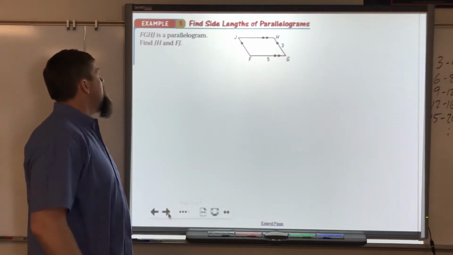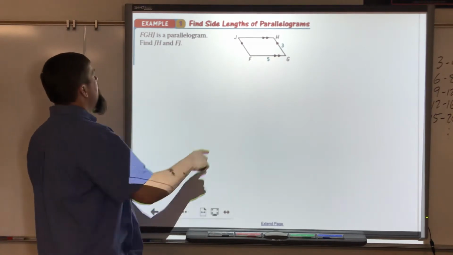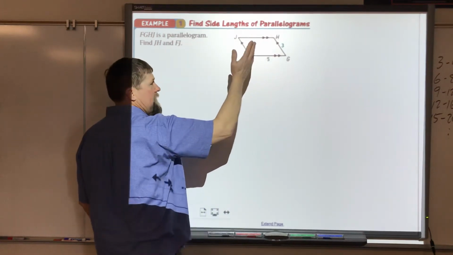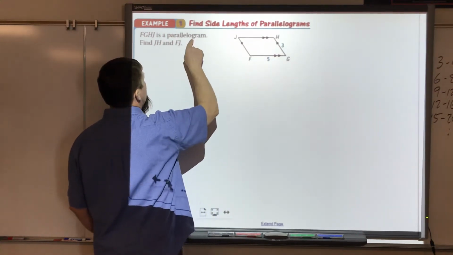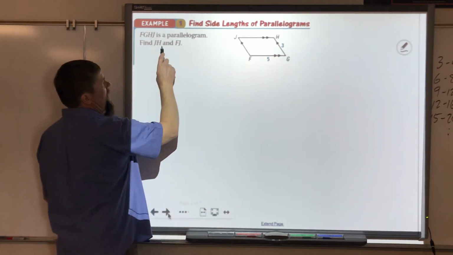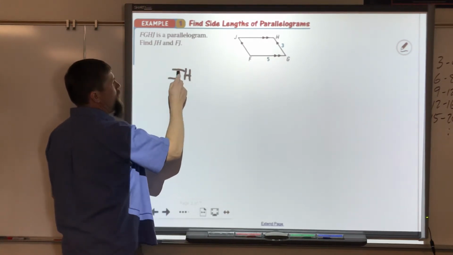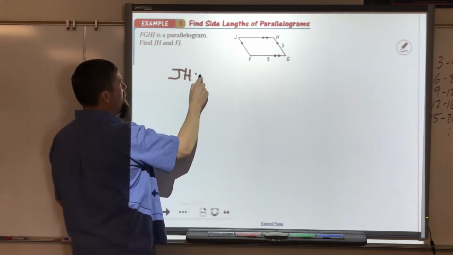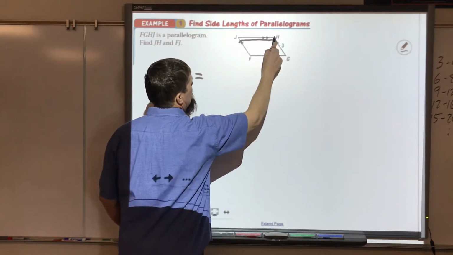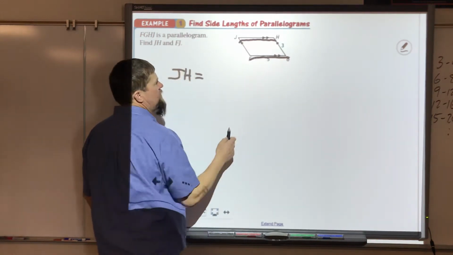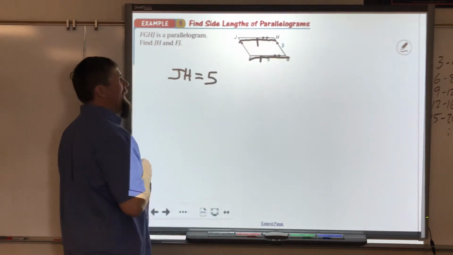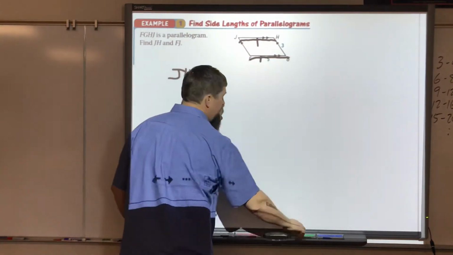Okay, here is an example. It says FGHJ. This time they labeled it counterclockwise. That's fine as long as it's consecutive. It says that it is a parallelogram. Since it is a parallelogram, JH, remember without the segment sign it means measure, equals, since JH is opposite FG, and FG is 5, and they are congruent, then JH also has to be 5.